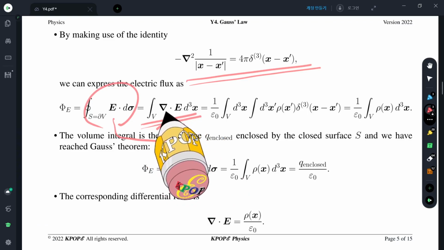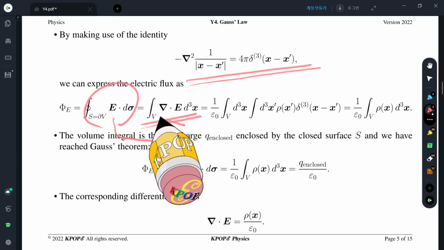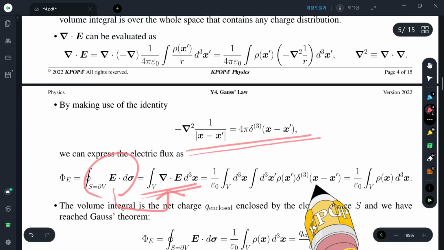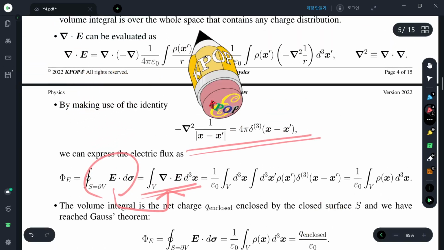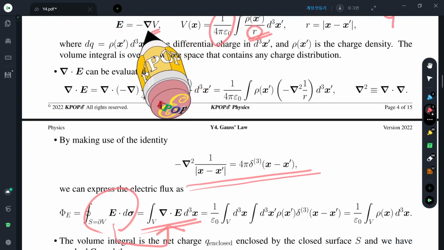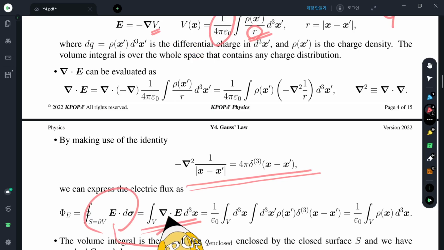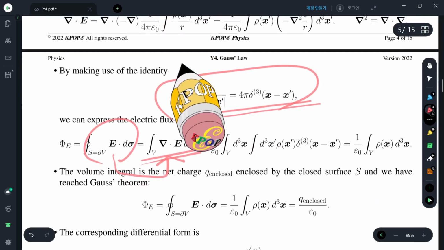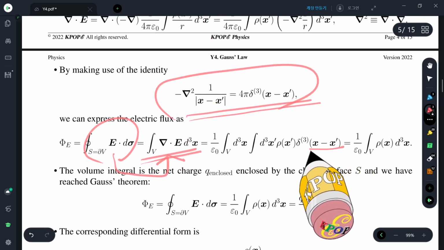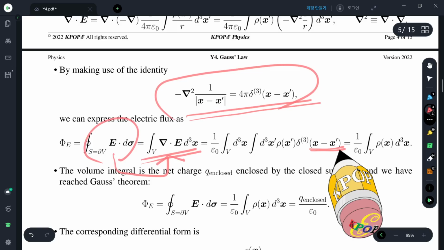And according to the electric field expressed in terms of the minus gradient of the potential, and the potential is this, we end up with a 1 over r square style term in it. By making use of the identity, what we have is a Dirac delta function.